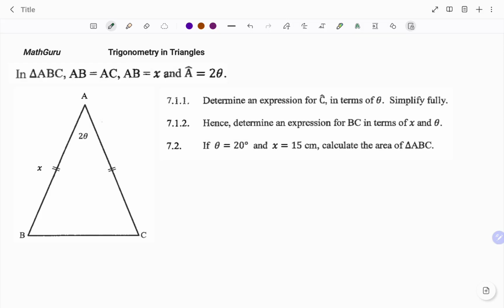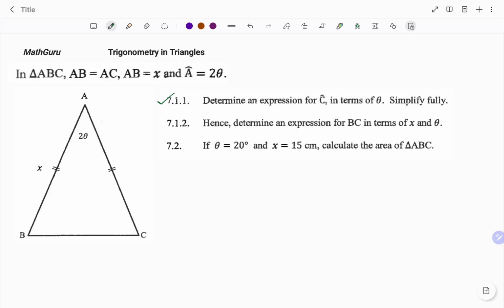area of triangle ABC. I'll start with the first part of the question that says determine an expression for C in terms of theta. You can see that from the diagram, the line AB is equal to AC, and that was also stated in the question.